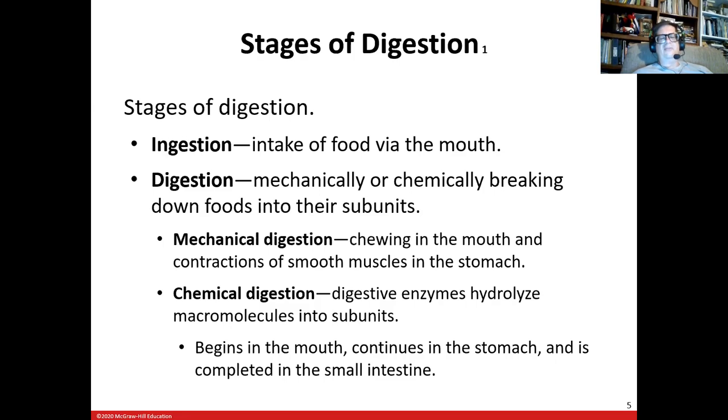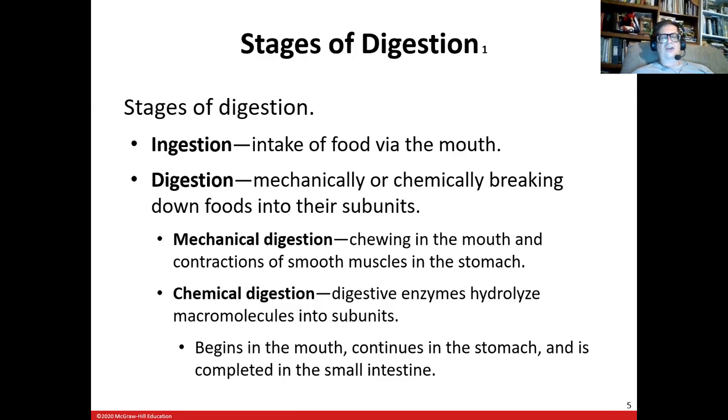This begins in the mouth with, say, salivary amylase, a starch digesting enzyme in the saliva. And that continues in the stomach, where you have protein digesting enzymes. And we finish off the chemical digestion in the small intestine, which is where most digestion happens.